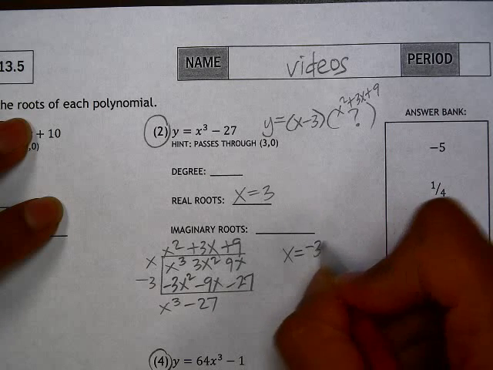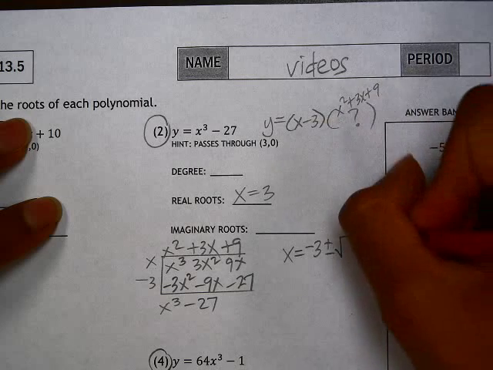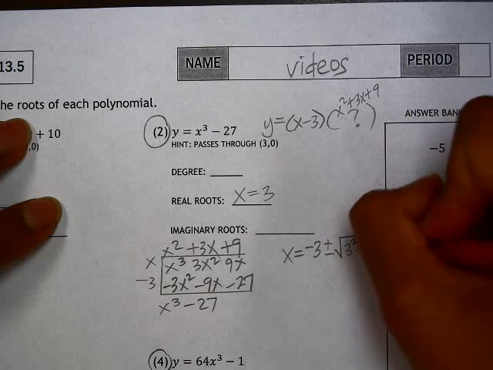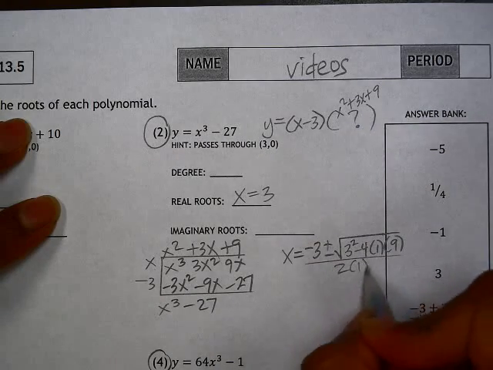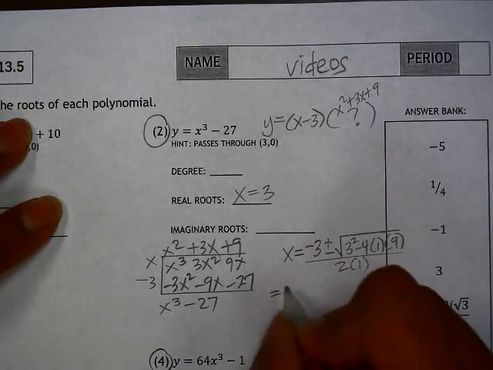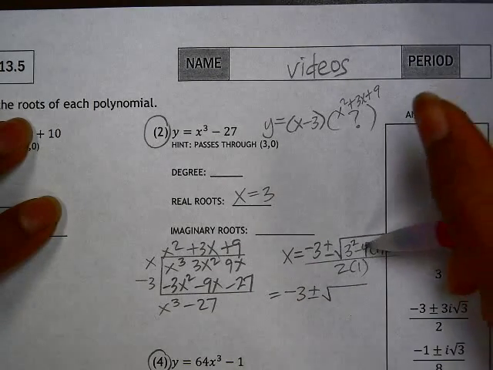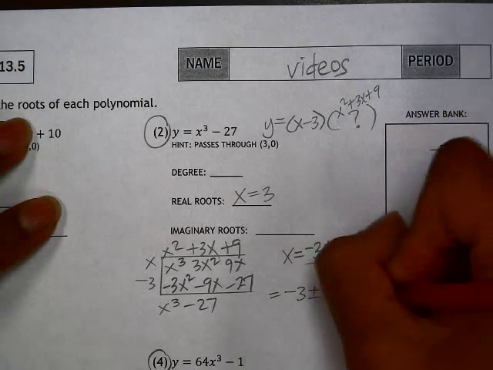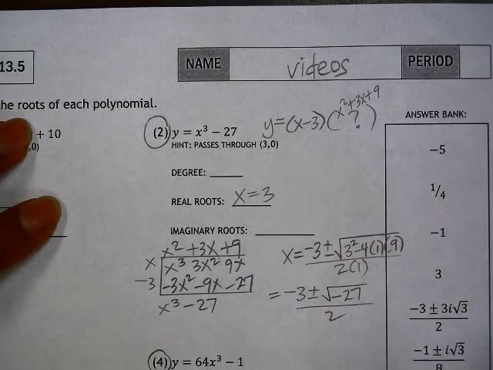And then in order to solve for the other roots, since it's not factorable, we can use the quadratic formula. So negative 3 plus or minus the square root of 3 squared minus 4 times 1 times 9 over 2 times 1. If we simplify this, this is negative 3 plus or minus the square root of 9 minus 36, which is negative 27, divided by 2.